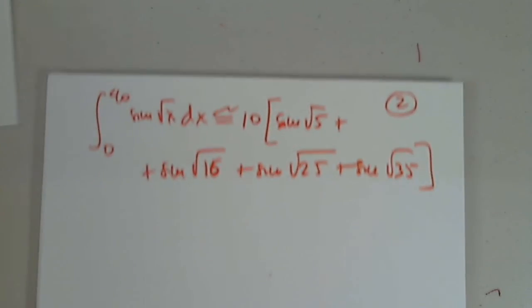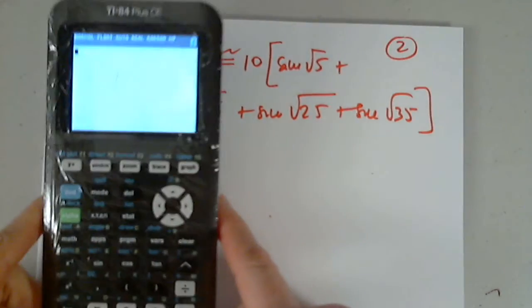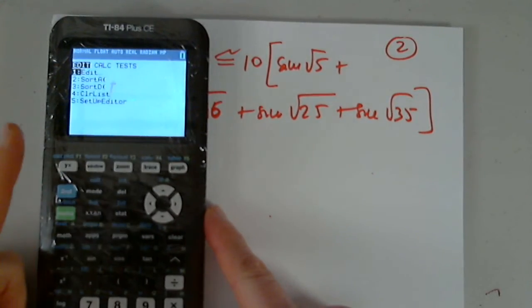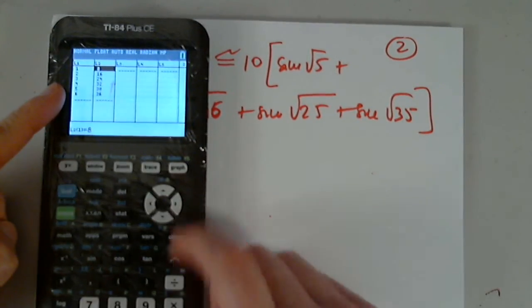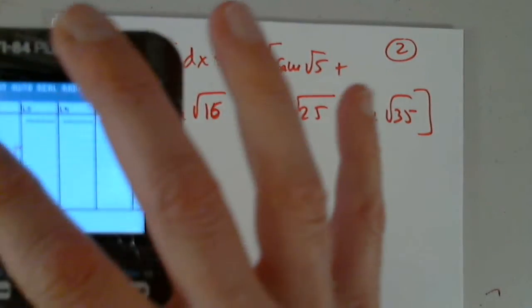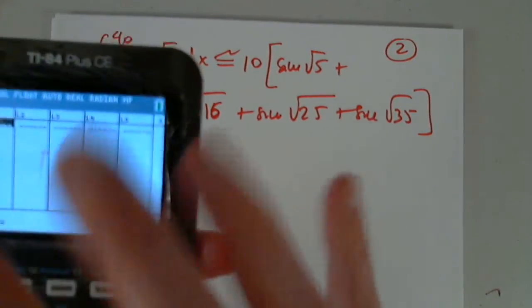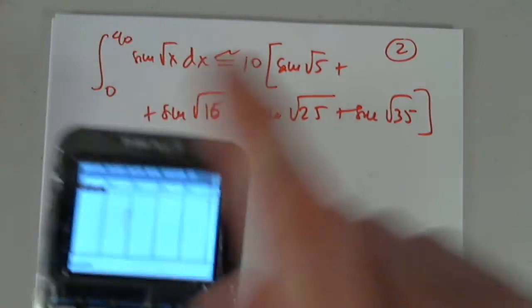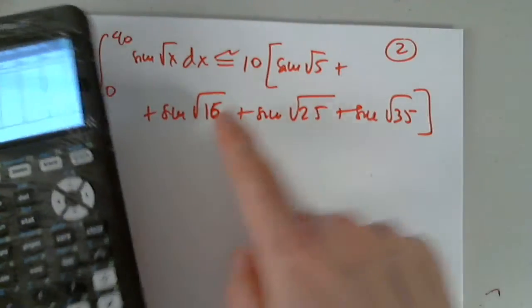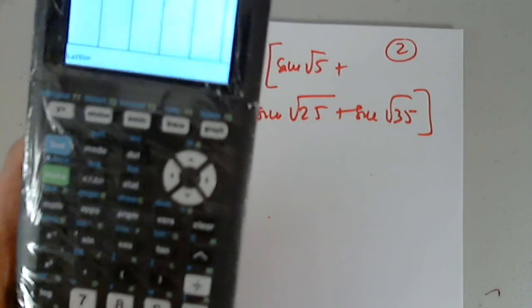So I recommend this method, and let me show it again. Go to Stat and edit a list. If you have anything in the list, just clear it. I worked with my stats class this morning with those two lists. So in list L1, I will put 5, 15, 25, 35.